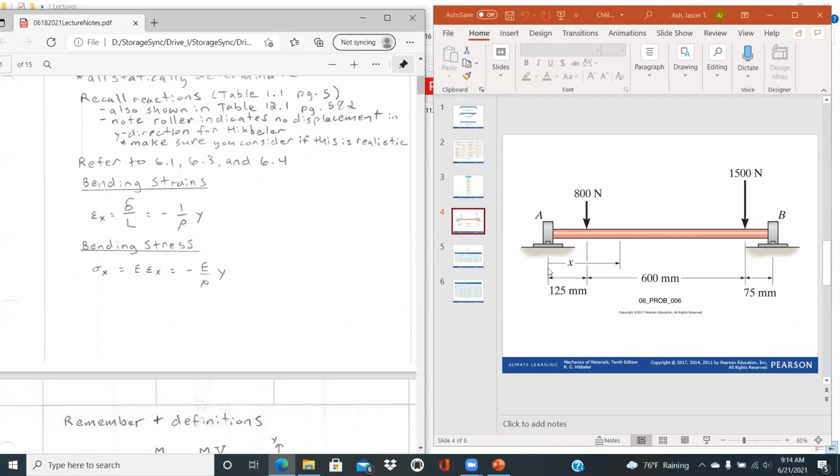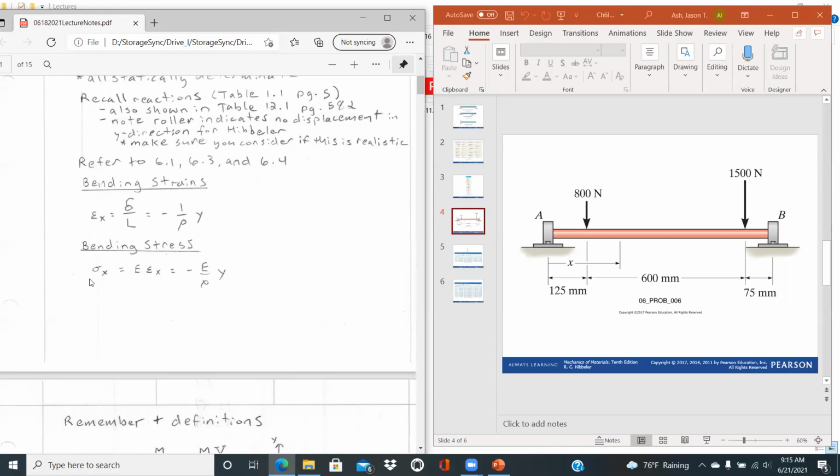It is a strain in the X direction, and again, strain is just the displacement over the original length, and that can be related to the radius of curvature as -1/rho times the Y value, the distance from the neutral axis of the shaft, which would typically be in the center if it's a symmetric cross section.